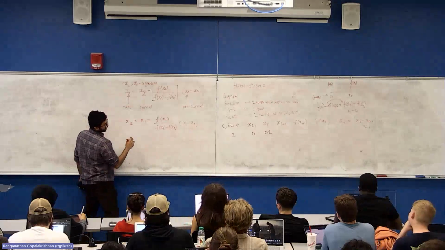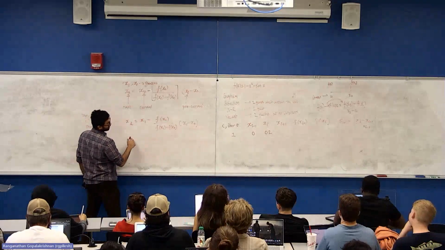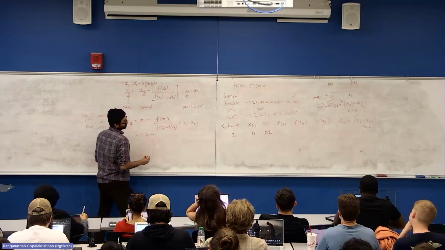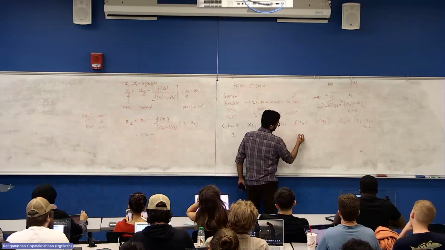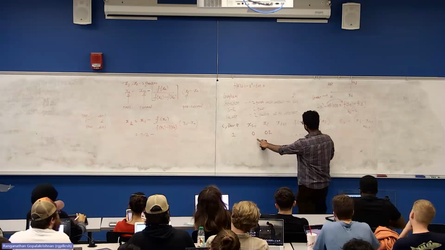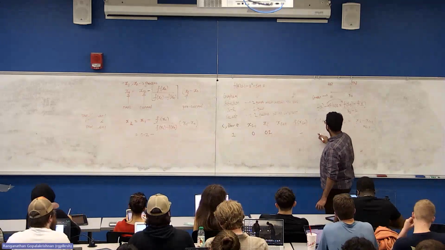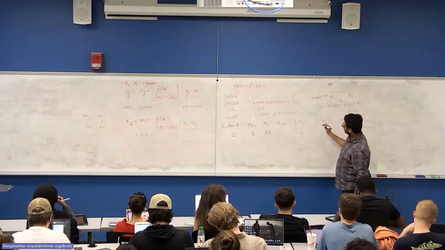So what is my x1? That would be 0.2 minus, I need to evaluate these two values. What is f of 0? 1. What is f of 0.2?